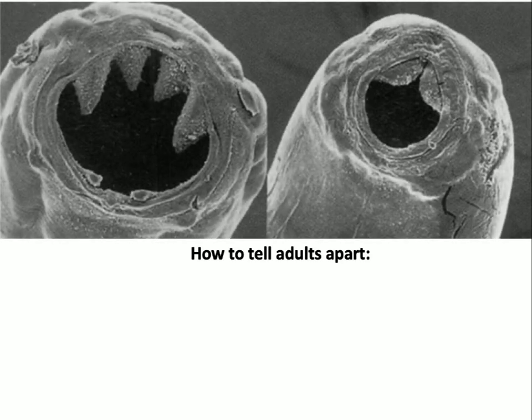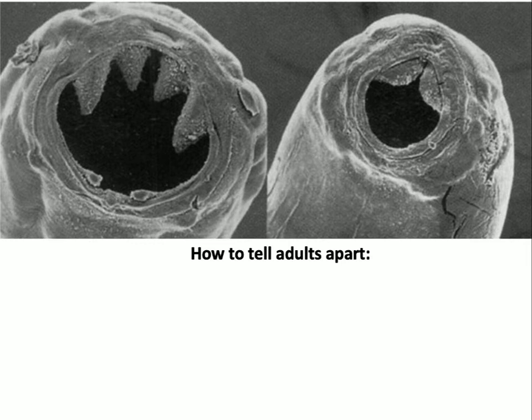You've got to look at their buccal cavity in order to know which one is which. And what you're going to see here is they have different kinds of teeth. They have sharp little pointy ones, or they have what are called cutting plates.